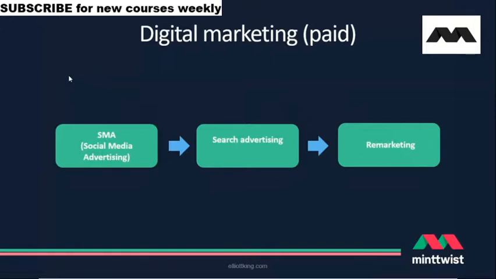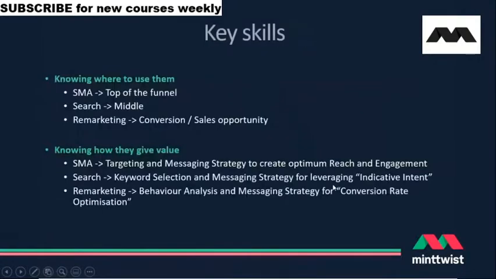Obviously, search advertising, so Google AdWords, but we can do it on Bing and Yahoo and Yandex if we're in Russia, and plenty of other search engines. And then we've got remarketing, which is a subset of the other channels, but it's specifically about going back to a prospect, typically that we've touched with one advert, but they didn't convert. So we're going back to them with a follow-on message.